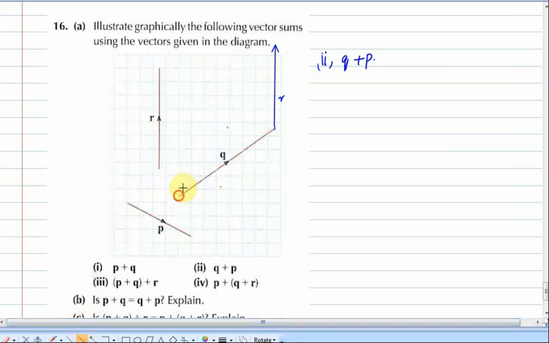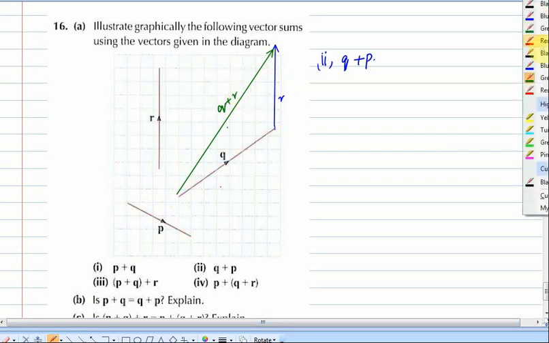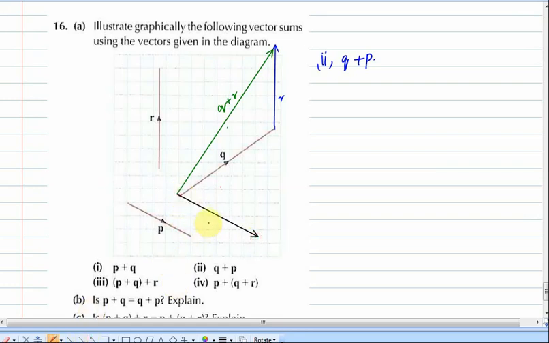Yes, so that is the resultant of Q plus R. Now we need to add P to this vector, right? I will draw P with the black pen. P is in the downward direction, this one. The final answer of P plus Q plus R is this red one.